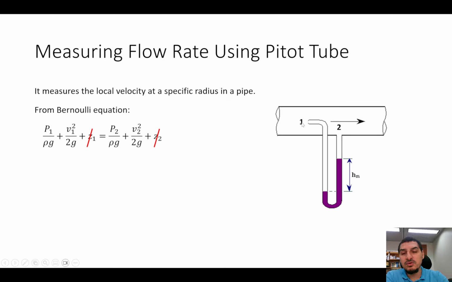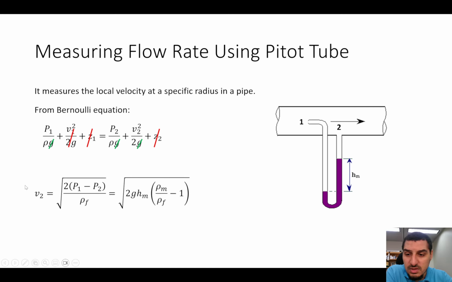From the Bernoulli equation, points 1 and 2, which is this point and this point, are at the same height, and the velocity at point 1 is 0 because it's a stagnant point. Now we can cancel these three g's together, and then from this we can say ρ v2 is 2 times delta p over rho fluid.